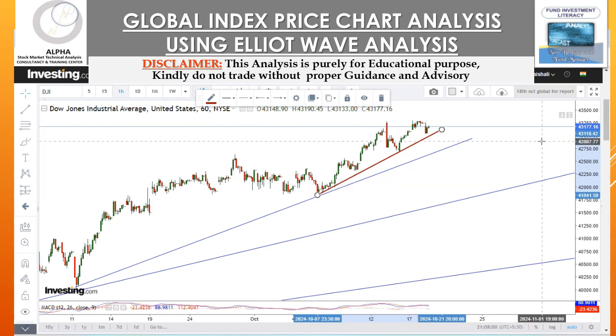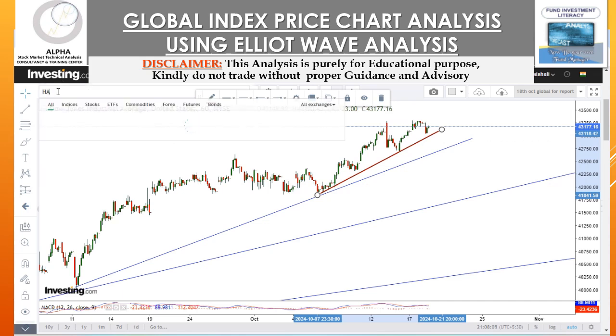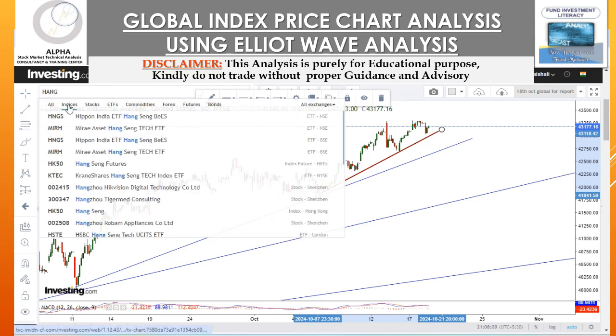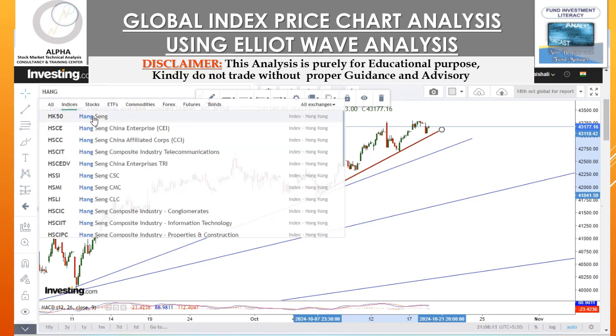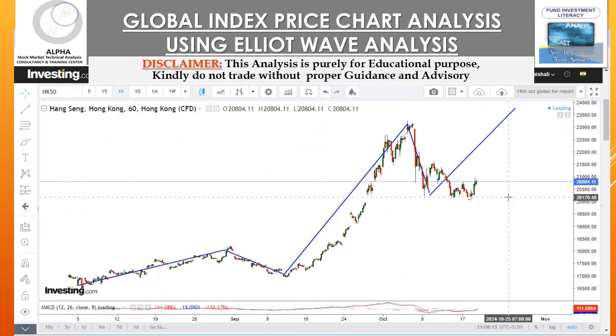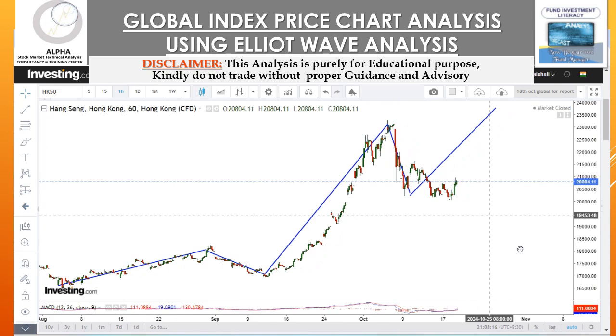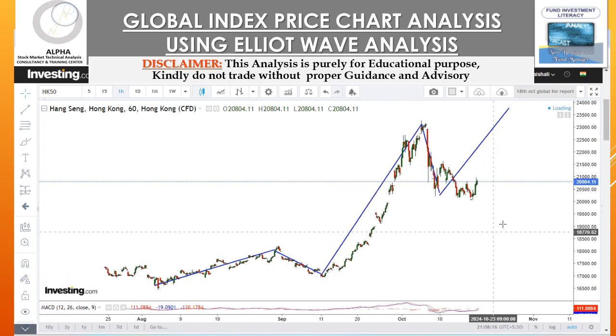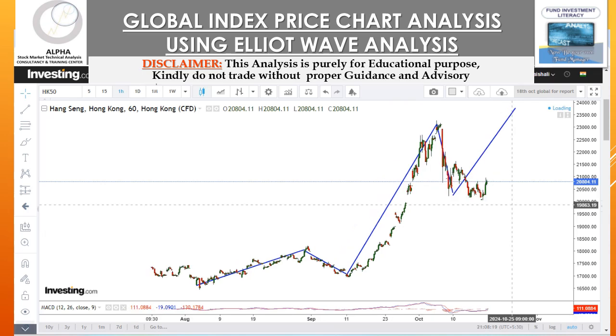So that's for Dow Jones Industrial Average. And let's look at one more global index, that is the Hangsang index. So here it goes. So that was the wave count which I was doing to see if there is little bit of upside to it or not.